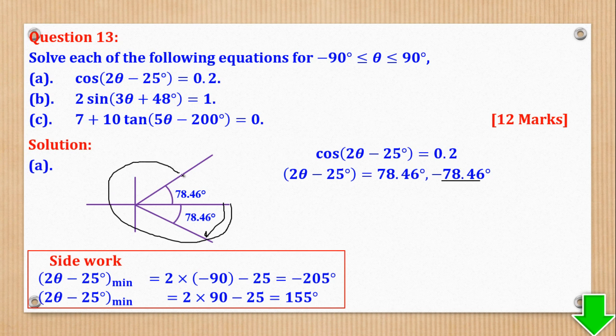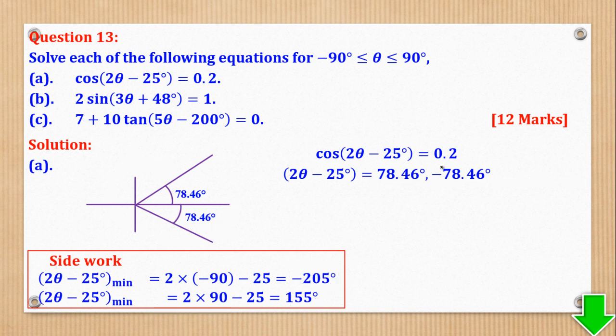Do you realize it's already beyond negative 205, meaning it can't work? So we have only those two angles. That was the purpose of this side work. If you don't have it, you may not know where to stop. You may just continue writing angles which are outside the range.